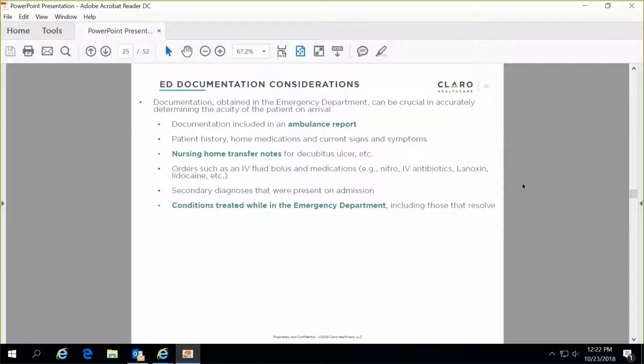So if that echo is 25% and you're looking at the systolic, you need to go back and look at it and bring it forward, because we can't say what's important in that previous visit or from that transfer hospital. We can't even ask you about it in a query. We couldn't even ask you a question about it. So it's important for you to go back and get that information and bring it forward.